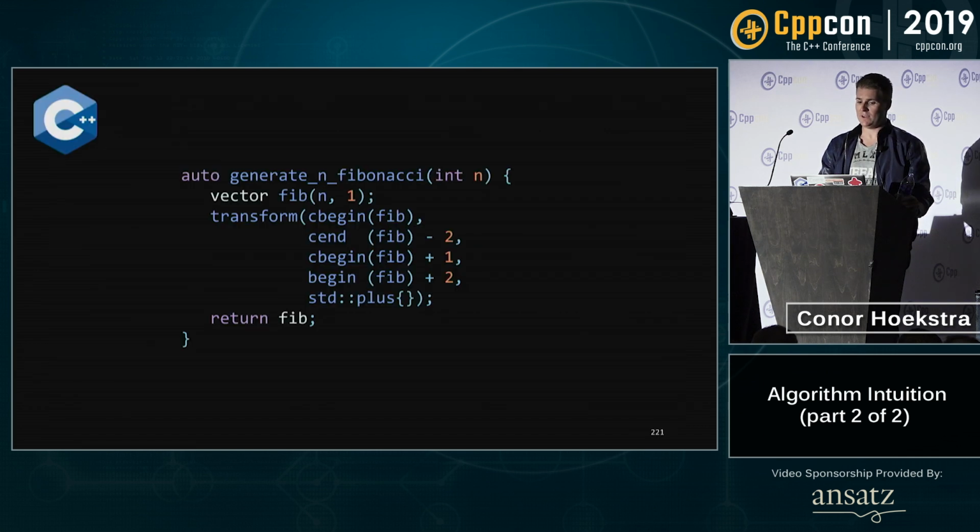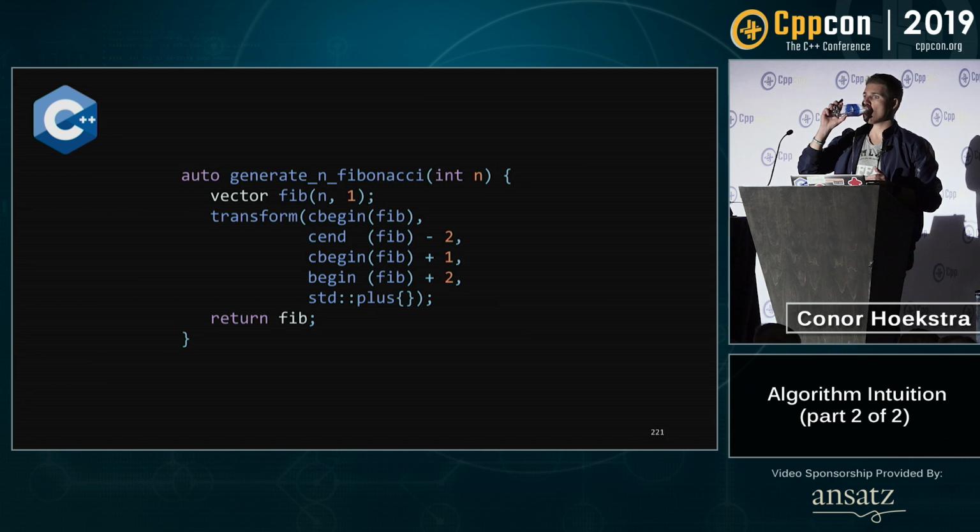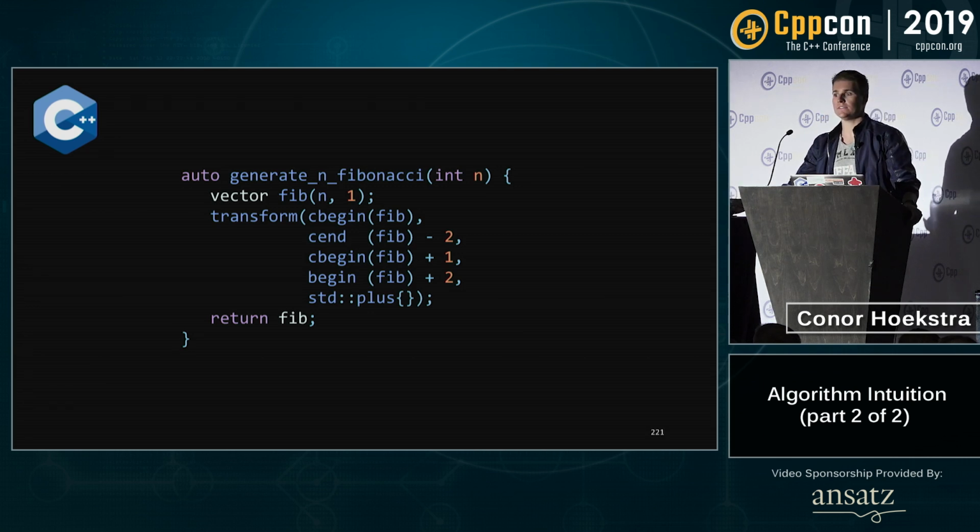Who has seen this piece of code, generating Fibonacci numbers using the transform algorithm? I see a couple hands, 3, 4 hands.